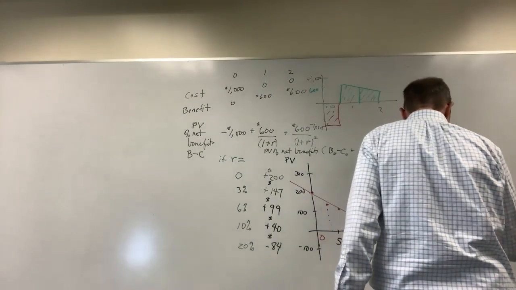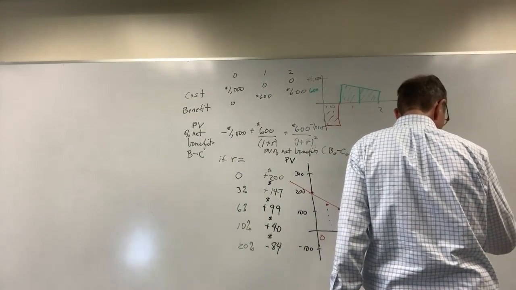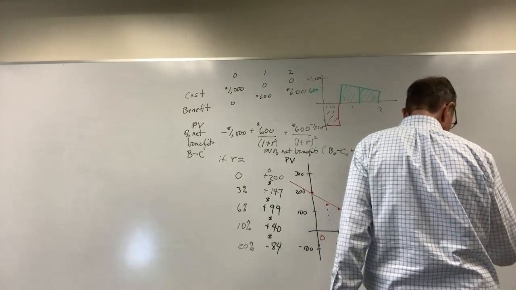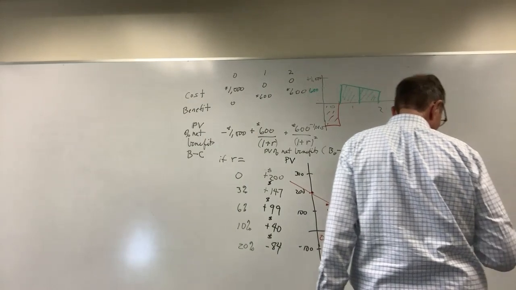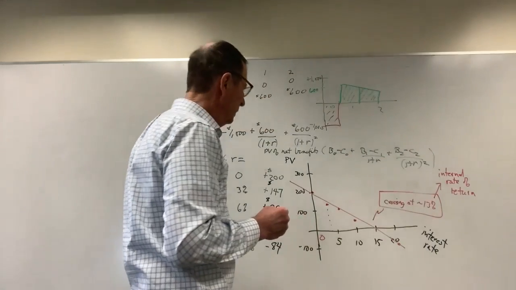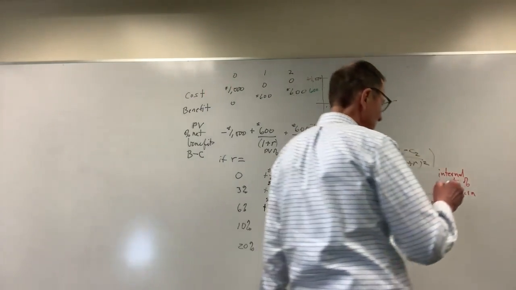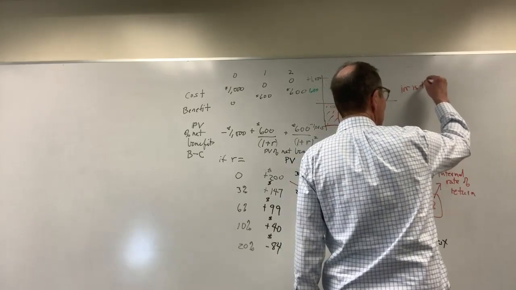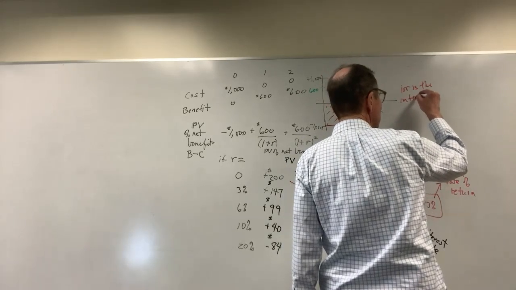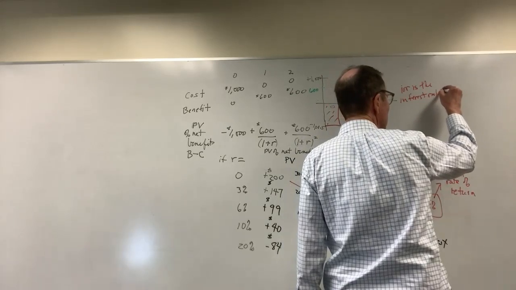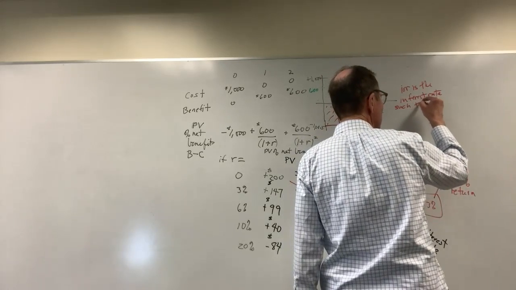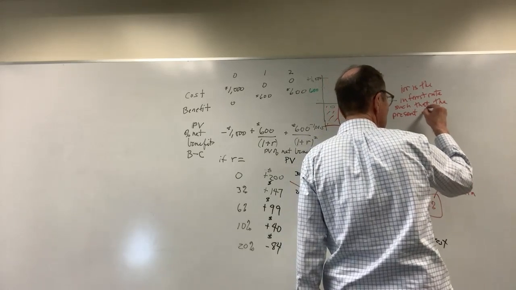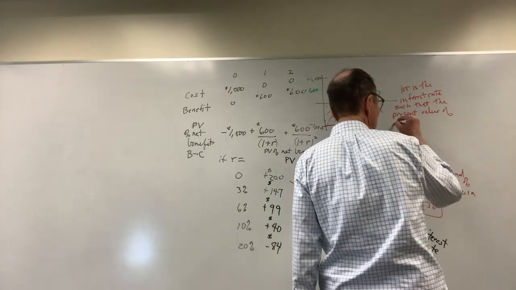This crossing point is called the internal rate of return. The internal rate of return is the interest rate such that the present value of an investment is 0.